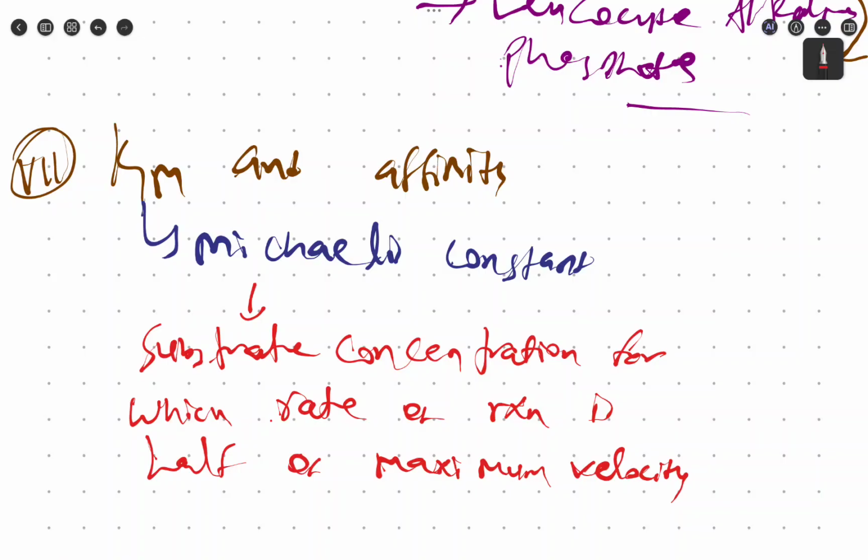All right. So this shows for what concentration of substrate the velocity of the reaction will be half of the maximum velocity which can be achieved. So this is one thing. So the Km of different enzymes is lower or higher. All right. And the affinity of the enzyme is also lower or higher based on the different isoenzyme form. So these are the characteristics of isoenzymes.